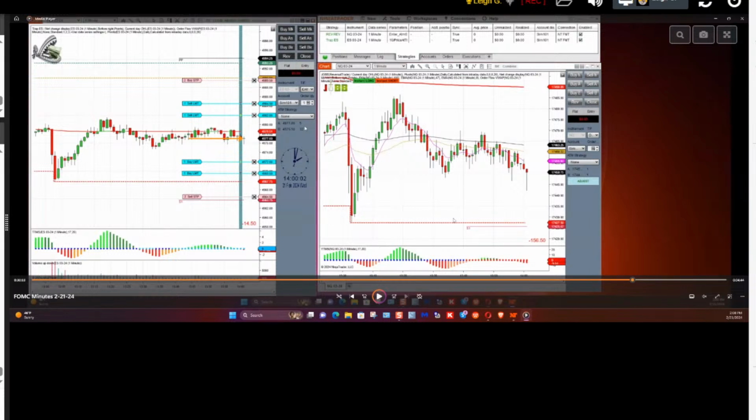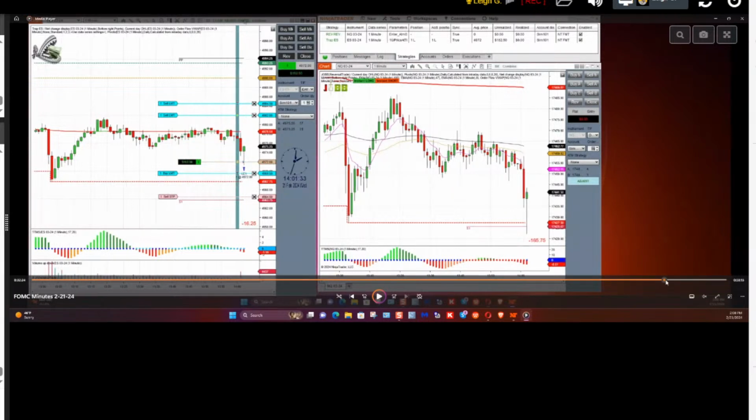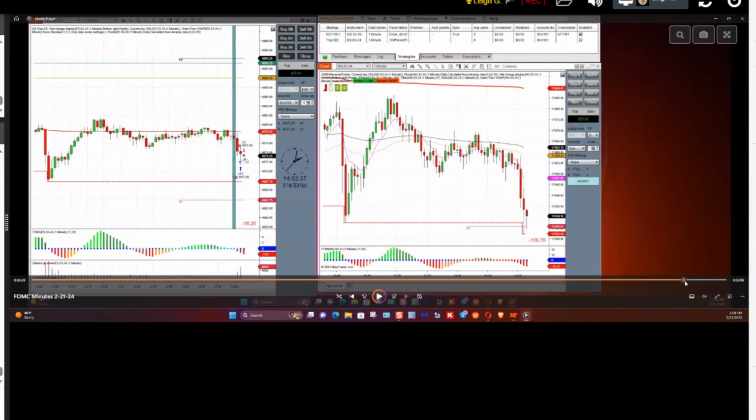The NQ, you'd have a good look at that wick that went up. You never know if that would have stopped you out, right? If you follow me. So I'd have to really do a little more looking into what would have happened on the NQ and the setup, but suffice it to say, I just need to look at it a little bit further.